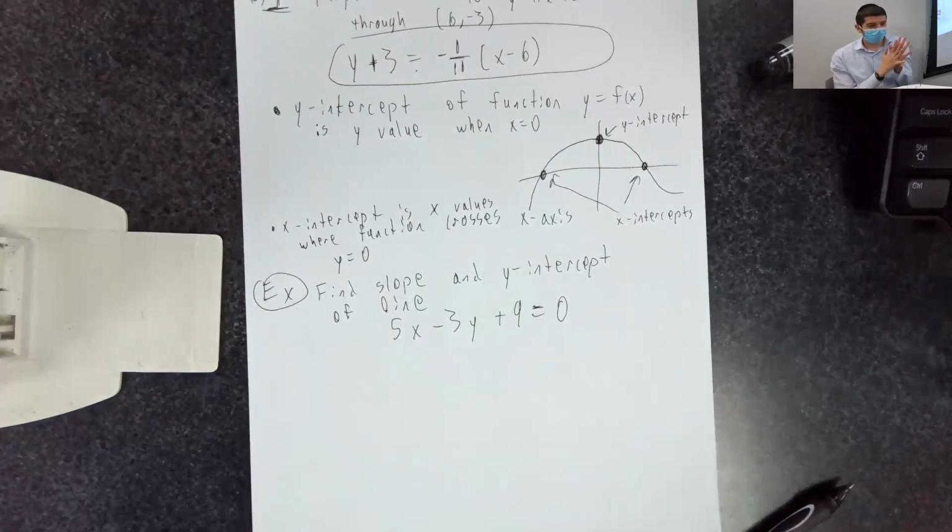I told you guys the slope is the number in front of the x, but that's only if y is isolated, only if y is by itself. So if you want to get the slope, isolate y. You have to solve for y by itself, and then that'll help you get the slope of the line. So find the slope of the line and find the y-intercept.